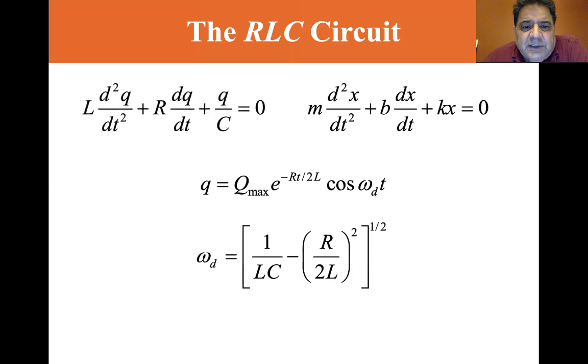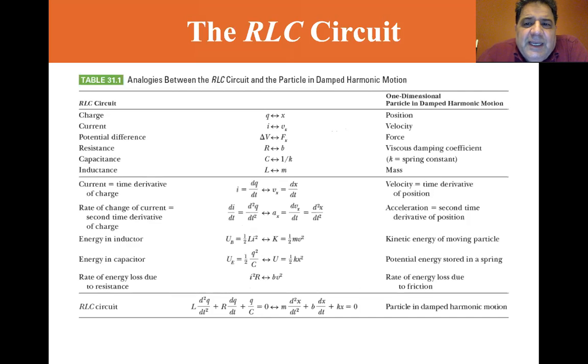And so let's look at the analogies between the RLC circuit and the damped harmonic motion of a particle. The charge is Q, the position is x, the current is I, the velocity is Vx, the potential difference is delta V, the force is Fx, resistance is R, b is the viscous damping coefficient.